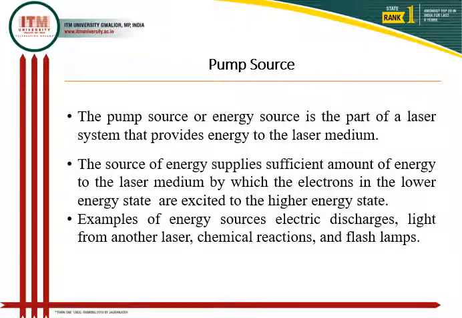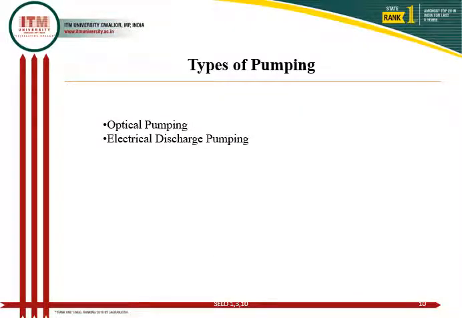So different types are used. Many types of pumping methods are there, but two are very dominant, very significant. One is optical pumping and another is electrical discharge pumping. We will discuss these pumping methods in detail when we talk about specific lasers like the ruby laser, helium neon laser, CO2 laser.